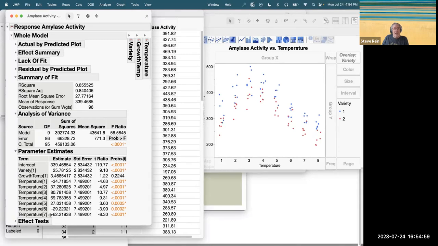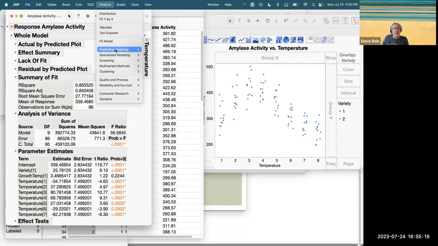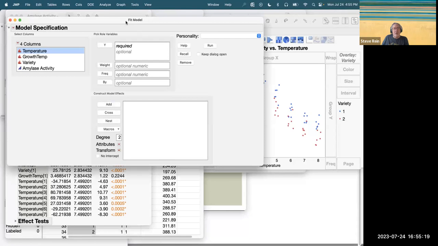And this temperature 8 might also be different from the average amylase activity level. But because I've got 8 distinct levels, if I want to fit this as a 7th order polynomial, that should be identical. So let's go ahead and try that fit model.